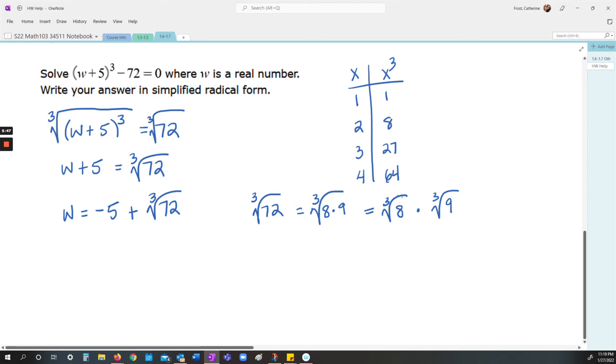And cube root of 8 is just the whole number 2. Then cube root of 9, you kind of want to do something with that, but you actually can't. You could divide it by 3, but you can't take the cube root of 9. So it's just 2 times the cube root of 9. Bring that back over, and our final answer is negative 5 plus 2 times the cube root of 9.